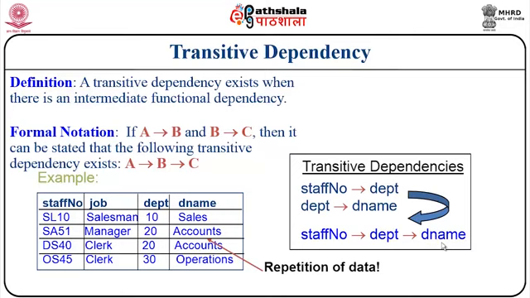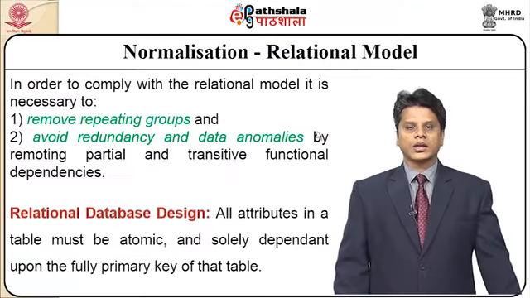We are trying to remove non-atomic values, repeating groups and partial functional dependencies, and we look at whether there exists any transitive dependency. By removing transitive dependency, we make sure that a new relation is created.